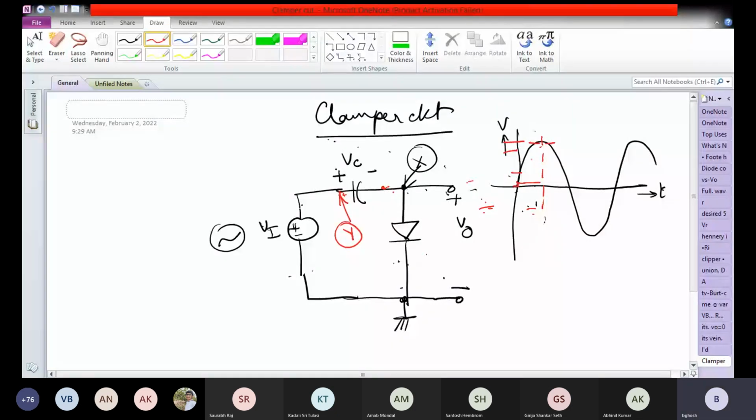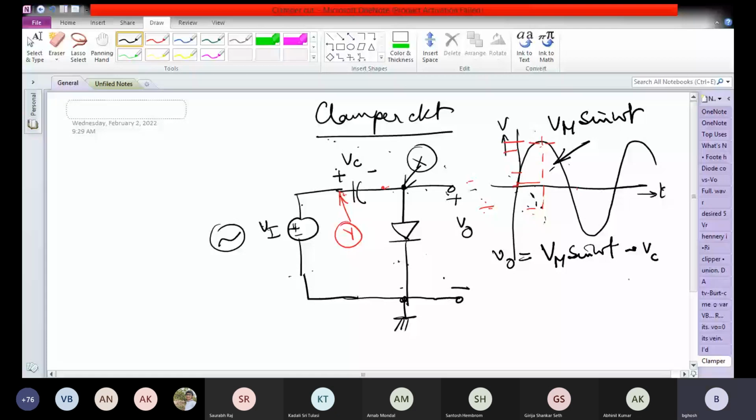So let us suppose this curve is given by Vm sine omega t. The output voltage will be equal to Vm sine omega t minus Vc.